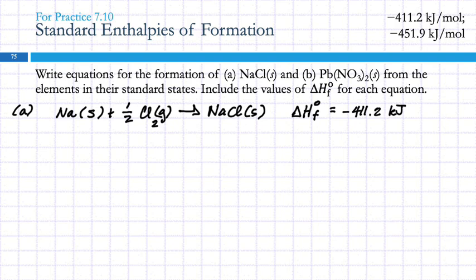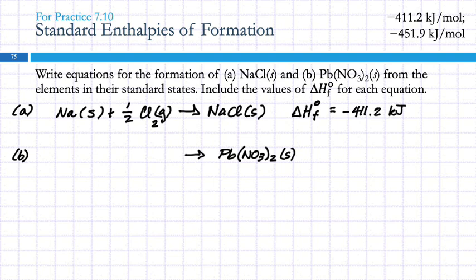B. We're going to start again by writing the product, the thing that we're trying to make here. So Pb(NO3)2 as a solid.